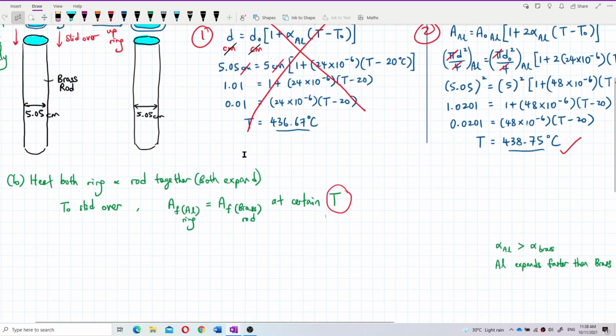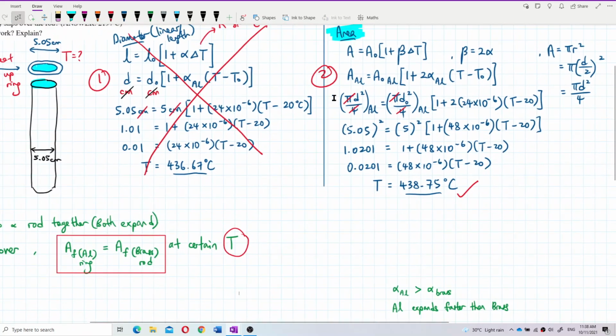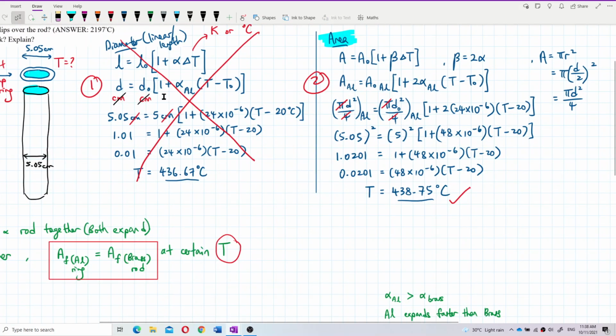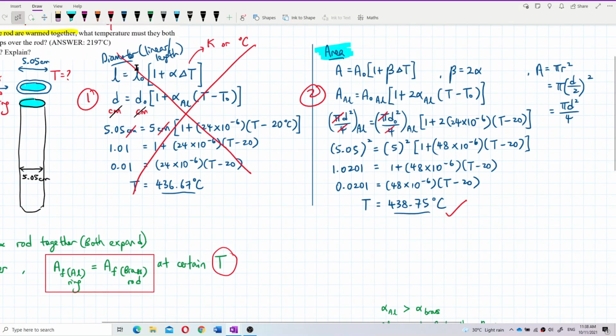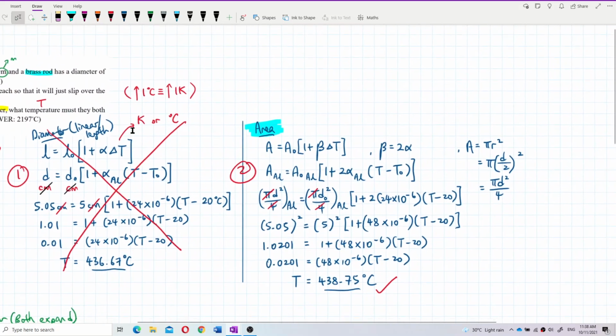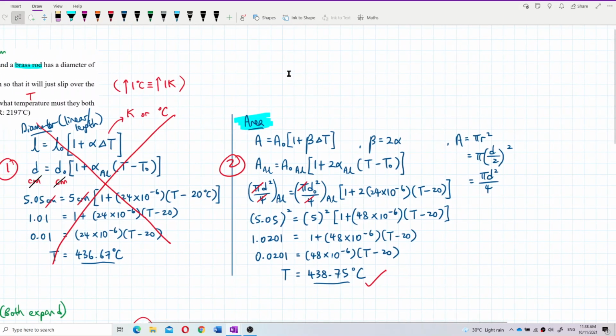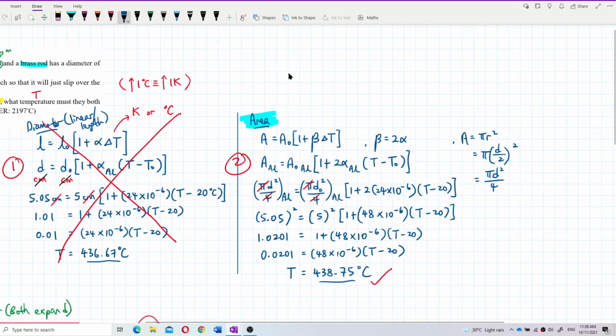Okay, so now let's find out the most important equations here, this concept. We apply the same formula. Use area, don't use diameter. The diameter length is only reserved for, let's say you are given a rod.